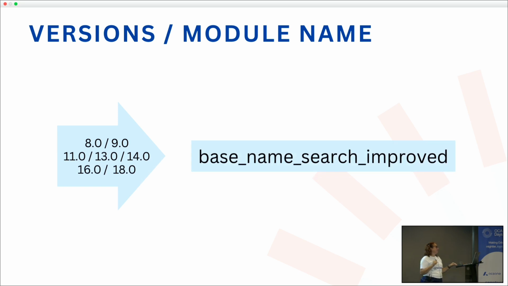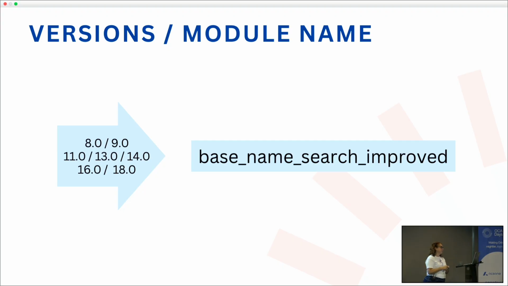So this module is available in those versions. So 8, 9, sometimes it's not available on all versions. That's why I listed them here. And this is the technical name of the module. So if you look for this module, you will have to look because it's in alphabetic order in the repositories in GitHub.